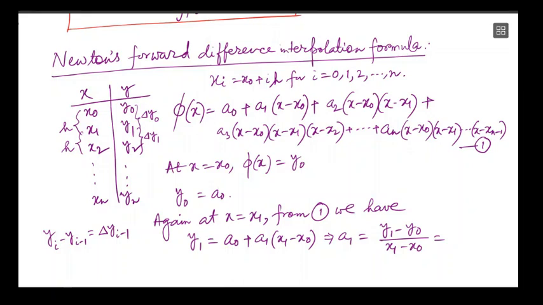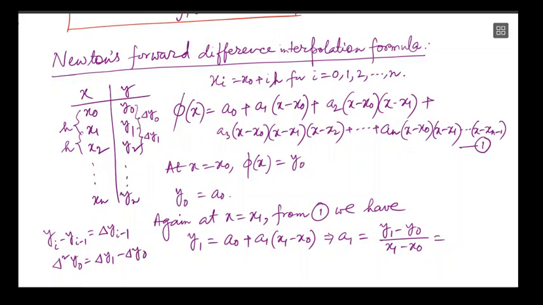The difference between delta y1 and delta y0 is the second order difference delta square y0, that is delta square y0 equals delta y1 minus delta y0.